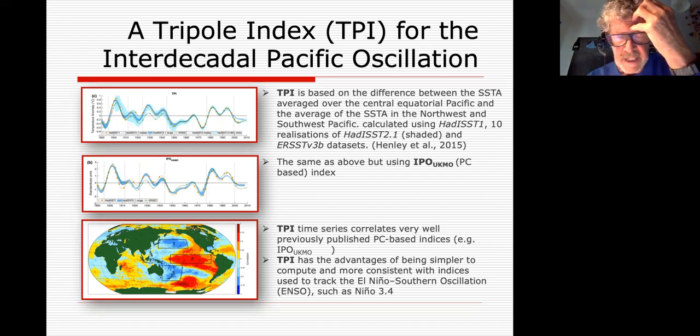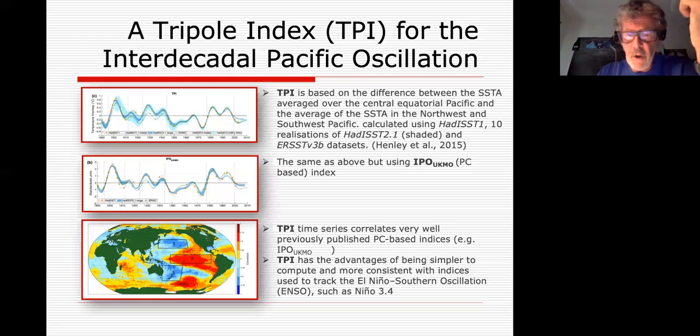TPI is simple to compute, and is also consistent with the indices used to track El Niño Southern Oscillation, such as El Niño 3-4 that you have already heard.